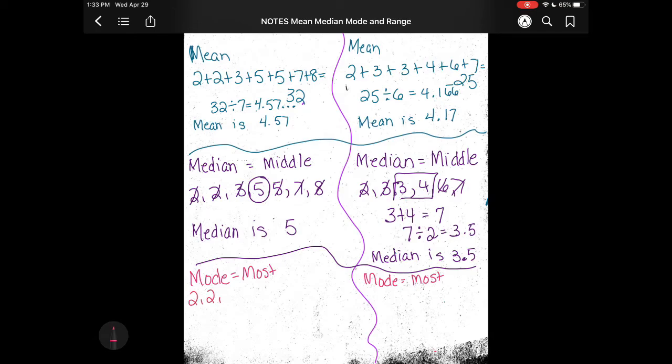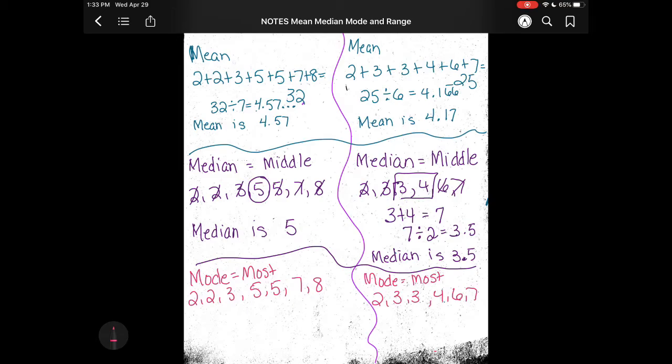We have 2, 2, 3, 5, 5, 7, 8, 2, 3. Okay, so what is the mode for our first set of data? What numbers do we see the most?